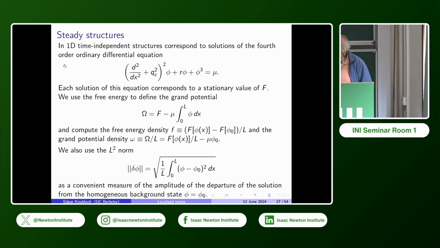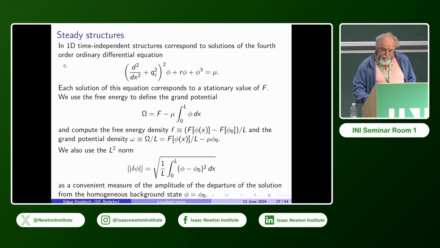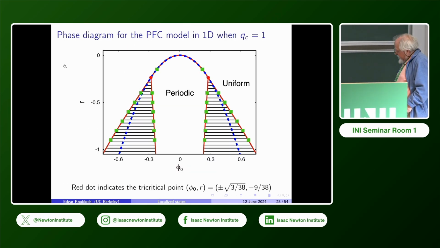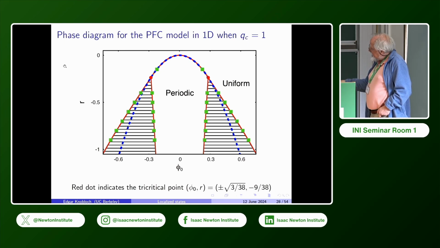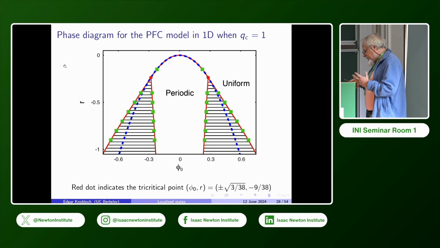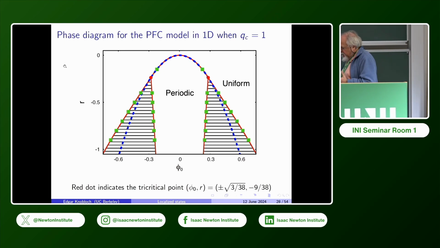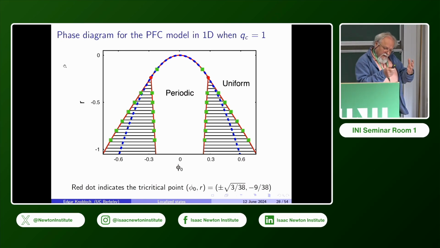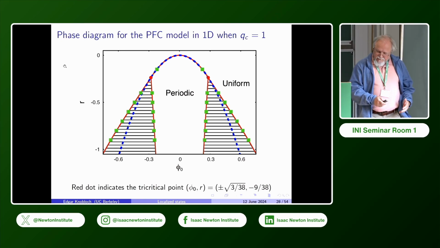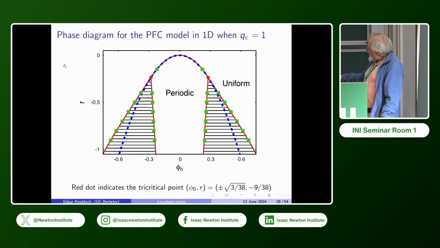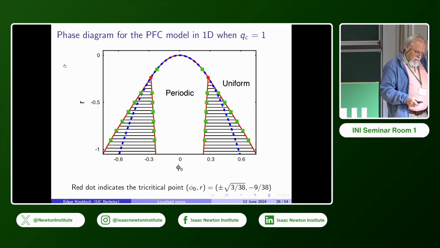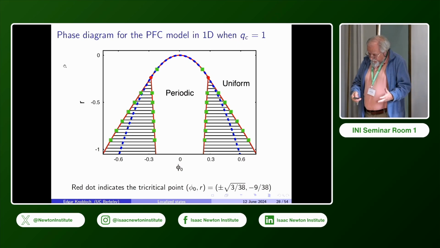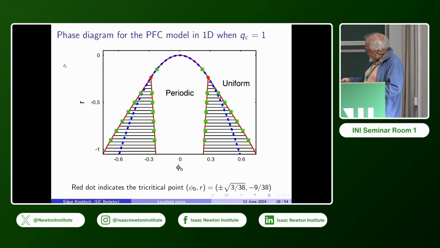So I'm going to show just a few pictures of what some of the solutions look like. We've seen these pictures before. Here R is the bifurcation parameter, which really corresponds to temperature. As you decrease R, making it more and more negative, you're cooling the system down. When you cross this blue curve, the liquid phase becomes linearly unstable to the onset of periodic structures, in other words, crystallization.